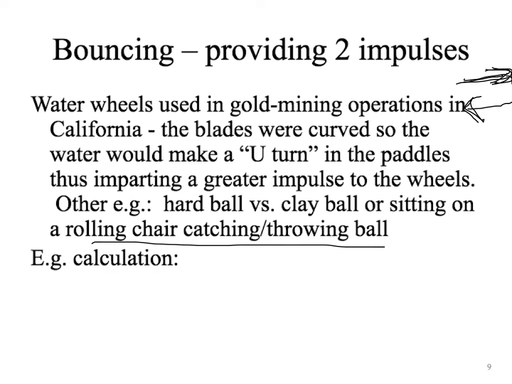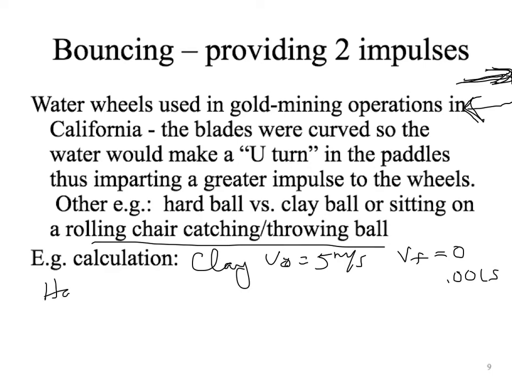So let me just give you an example of a clay ball hitting a wall and stopping, just splat, okay? And let's say that it is going at 5 meters per second, and it's going to stop. And let's say that during the stopping time, the hitting time, it's 0.001 second, okay?